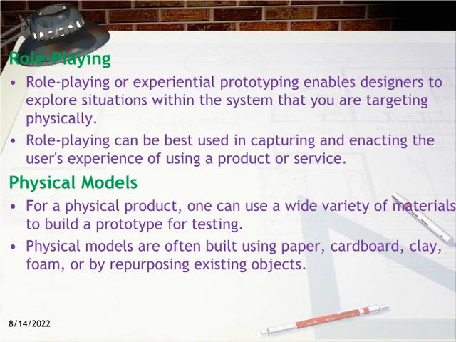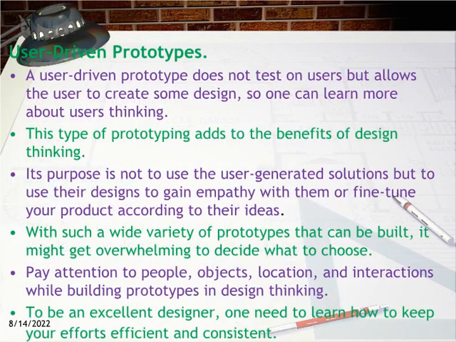Physical models. For a physical product, one can use a wide variety of materials to build a prototype for testing. Physical models are often built using paper, cardboard, clay, foam, or by repurposing existing objects. User-driven prototypes.